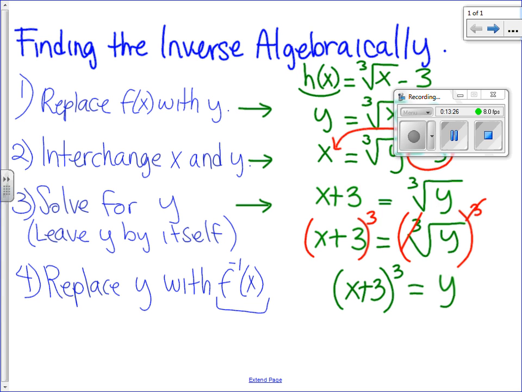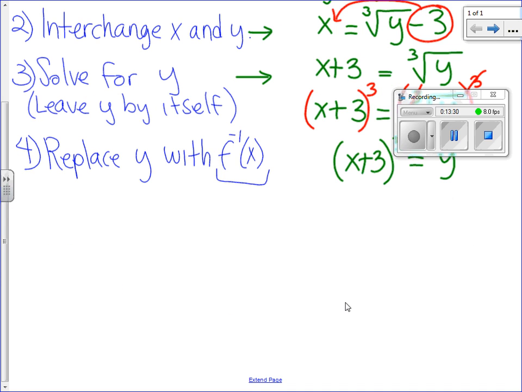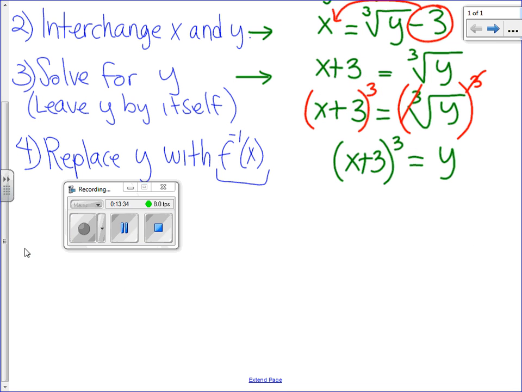Now we're done with step number 3, so we move to step number 4. For step number 4, we replace y with f inverse, but we did not start with a function named f, right? What was the name of our function? H. So we're going to replace that with h inverse of x is equal to x plus 3 cubed.